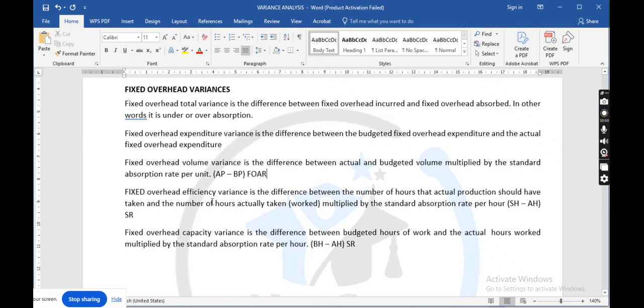The addition of efficiency and capacity will give you the fixed overhead volume. Class, the addition of efficiency and capacity will give you what? Volume. Right? So fixed overhead expenditure, then volume.